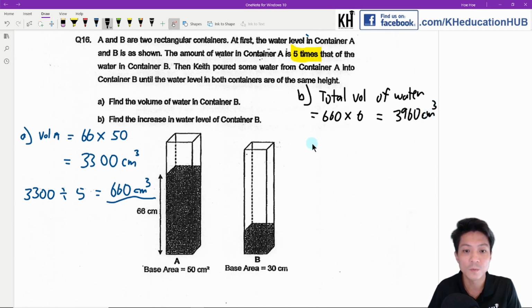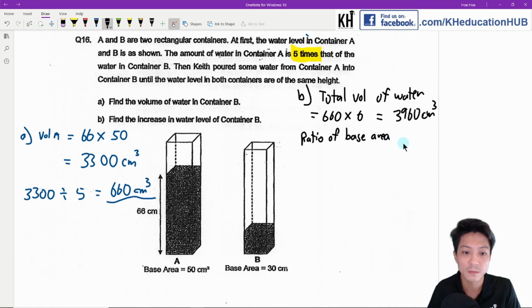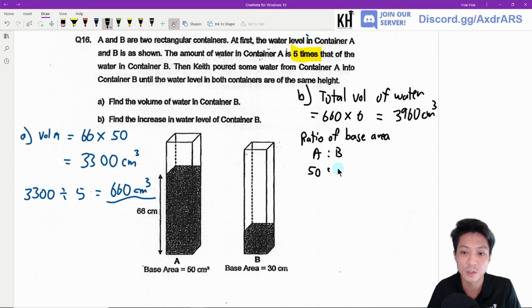The next thing that we need to do is find the ratio of the base area. The ratio of base area of A to B is 50 to 30, which is 5 to 3.